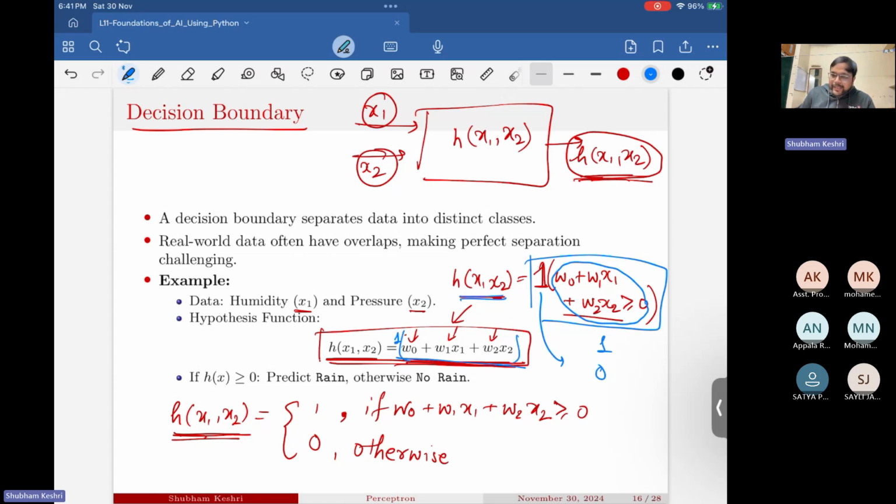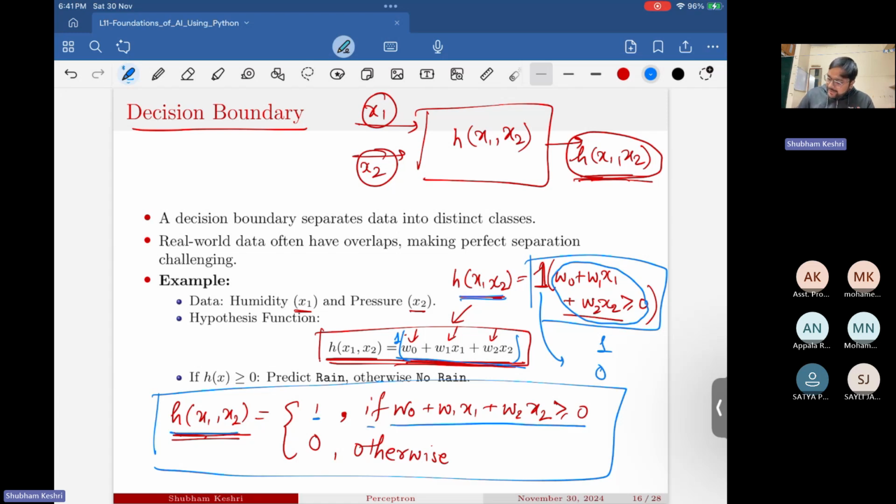So this is just indicator of that, and the indicator is written like this: h of x1 comma x2 is equal to 1 if this is greater than or equal to 0 and 0 otherwise. This indicator is the same as this. So overall, the idea is you are trying to obtain this function. How will you be able to obtain this function?